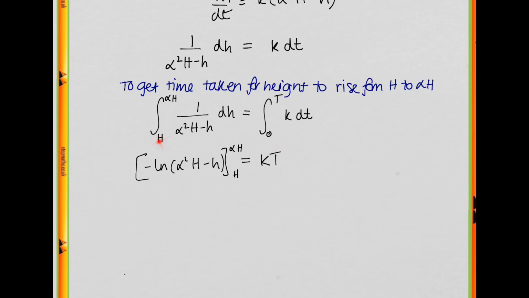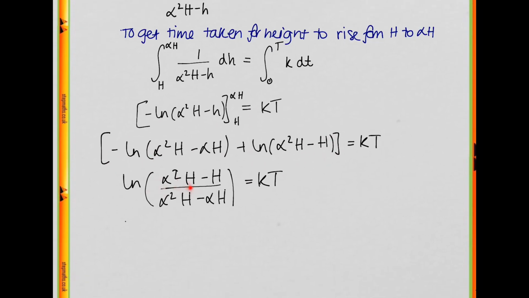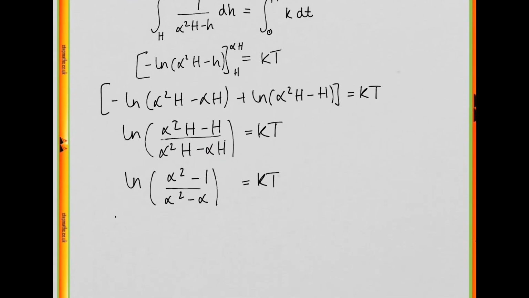And then if we evaluate the left hand side, we get minus ln(alpha squared big H minus alpha big H) plus ln(alpha squared big H minus big H) equals kt. We can put this under a common logarithm, getting ln of (alpha squared big H minus big H) over (alpha squared big H minus alpha big H). We can actually eliminate the big H from here, getting ln of (alpha squared minus 1) over (alpha squared minus alpha) equals kt.